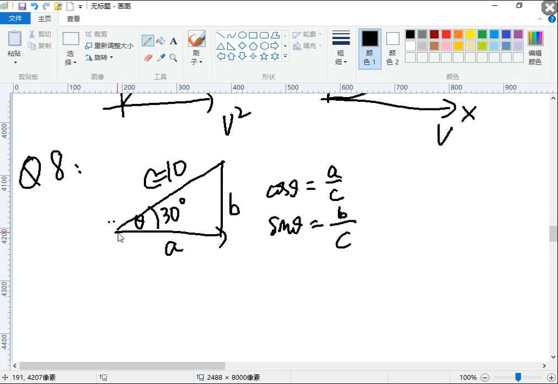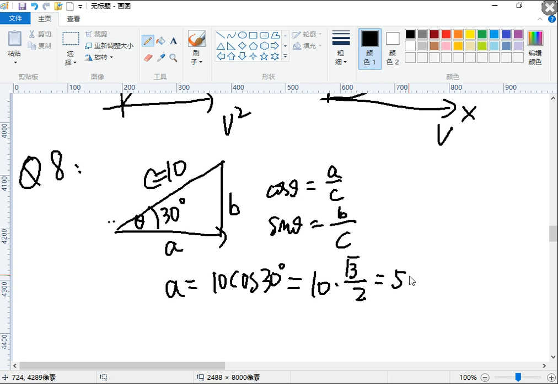You want the x component. X component is A. A is 10 cosine 30, which is approximately 10 times maybe 0.85, which is approximately 8.5, I guess.